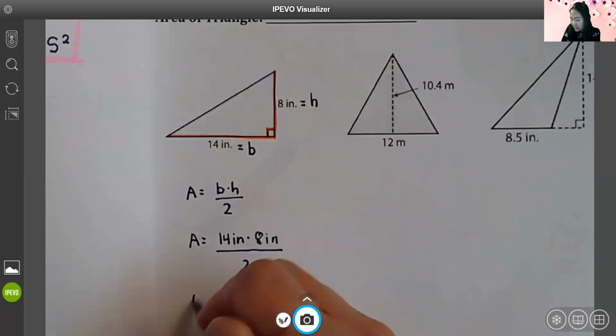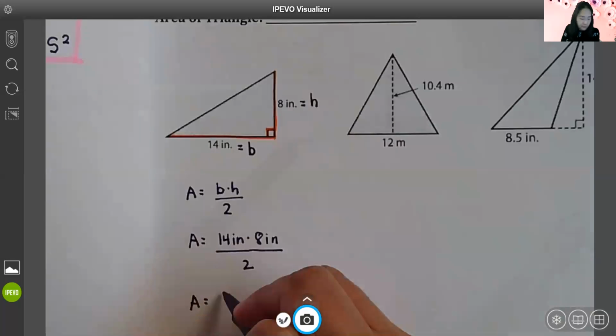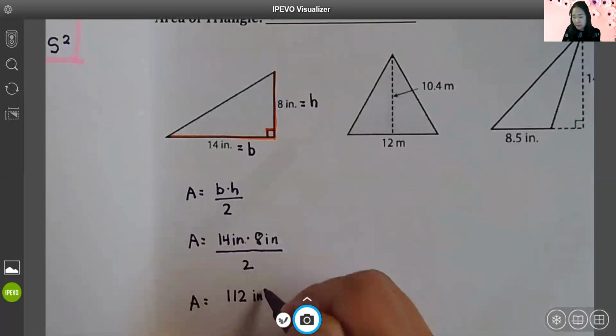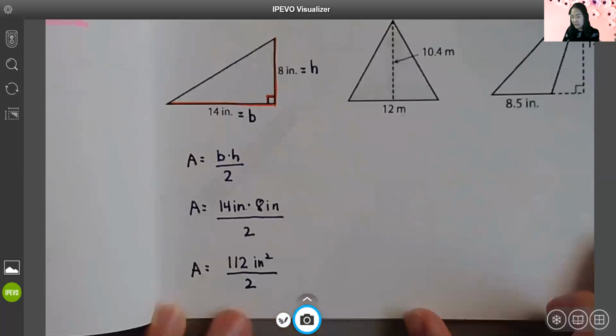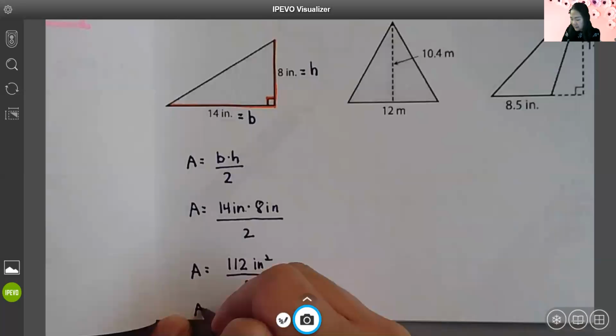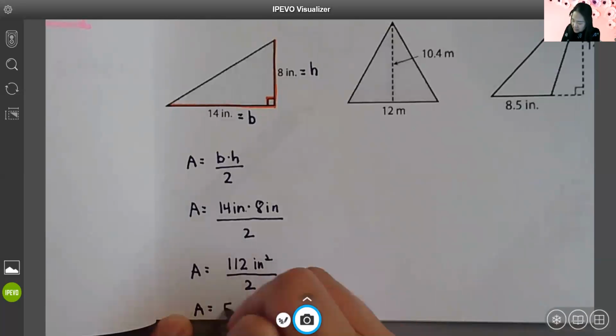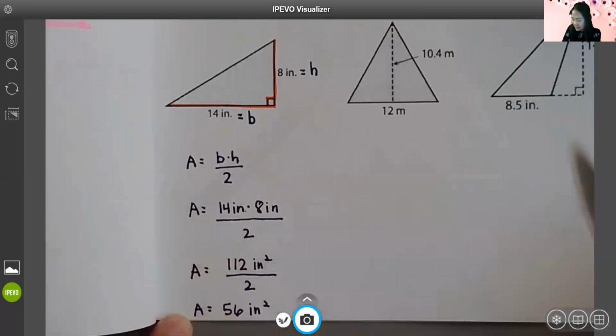Area equals 14 times 8 is 112 inches times inches, which is inches to the second power, divided by 2. So finally, area equals 112 divided by 2 is 56 inches to the second power. And that is the area.